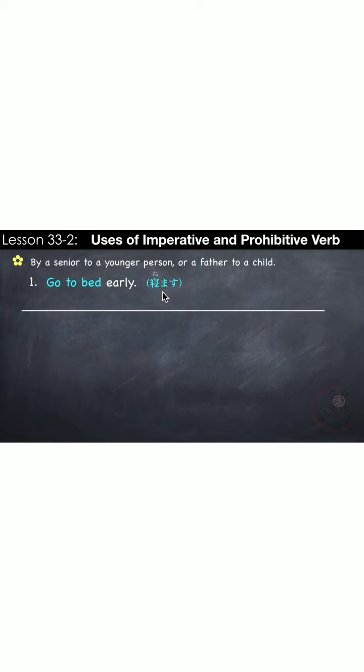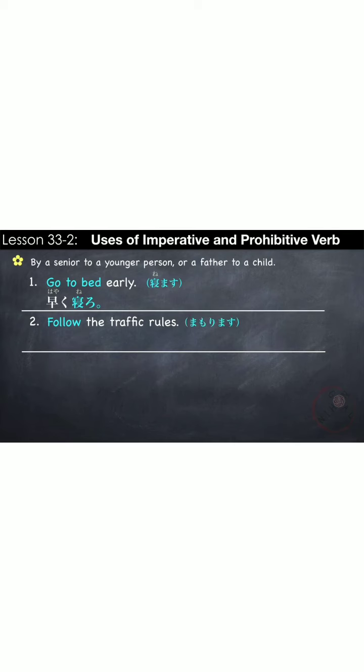Our verb is nemasu. So, hayaku, and our verb nemasu is group 2. So, it becomes in imperative. We remove masu and then add ro. Hayaku nero. Next example, follow the traffic rules. Our verb is follow, which is mamorimasu.